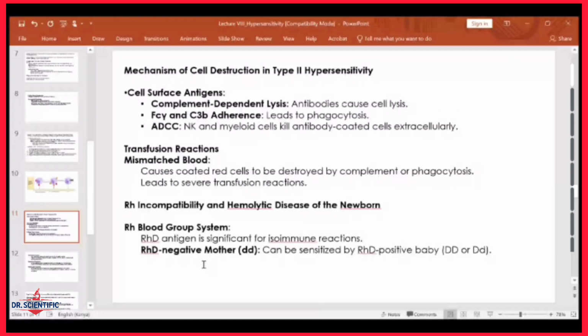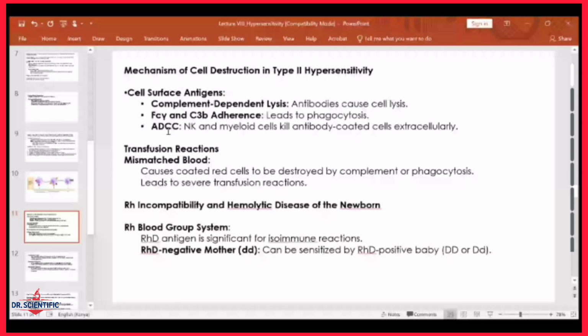Complement can cause lysis. The Fc gamma receptor can bind to C3b, they bind to each other, and this leads to phagocytosis. That is another mechanism. Alternatively, we have ADCC directly, where natural killer cells as well as myeloid cells kill those that are coated with IgG.